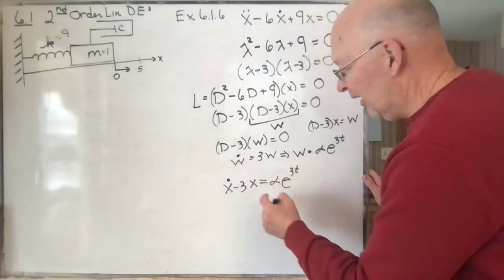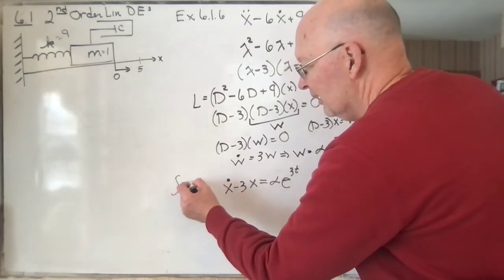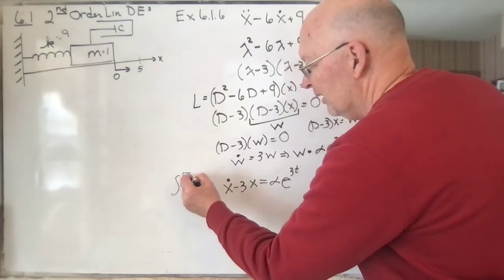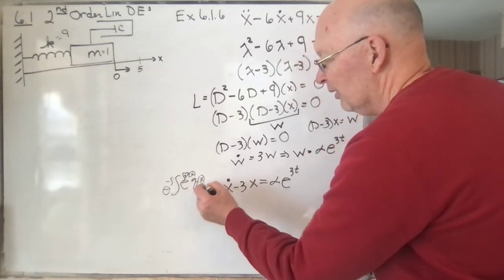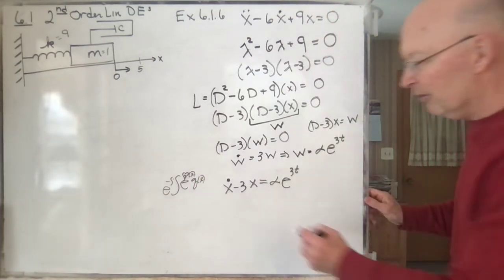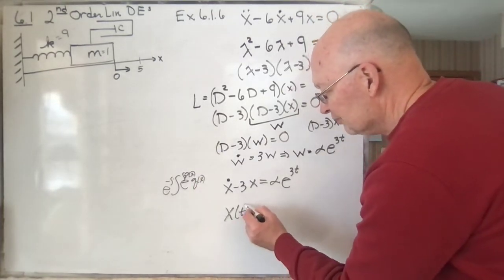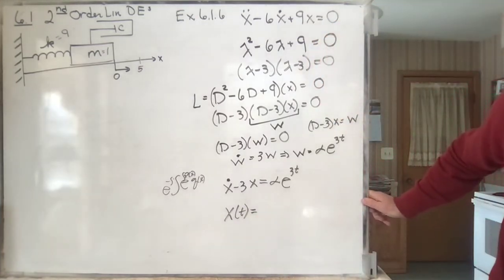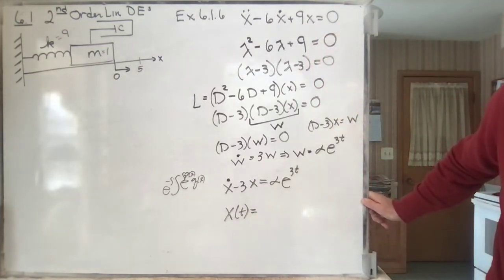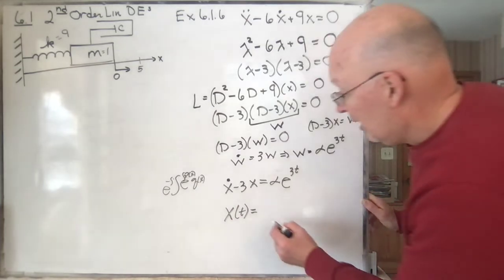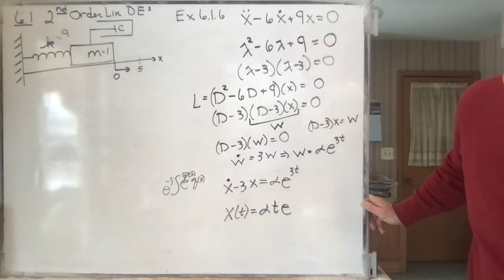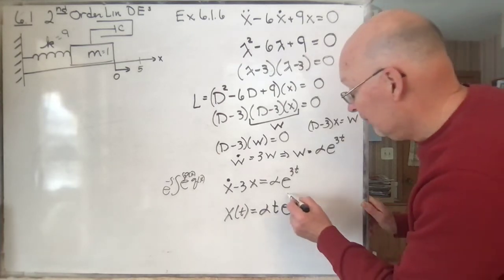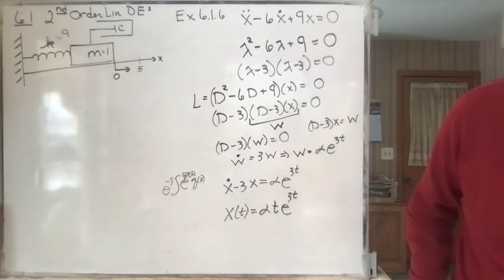We won't go through all the process here, but anyway, the solution is this. x of t is equal to alpha t e to the 3t.